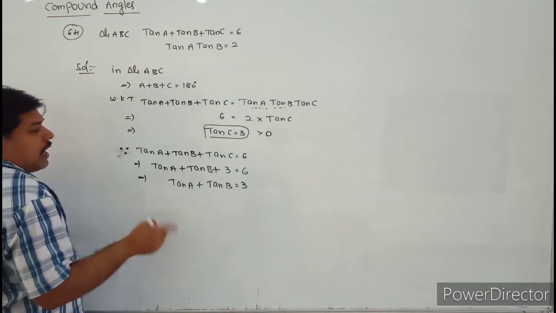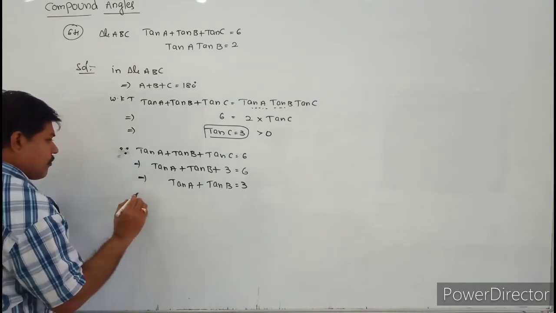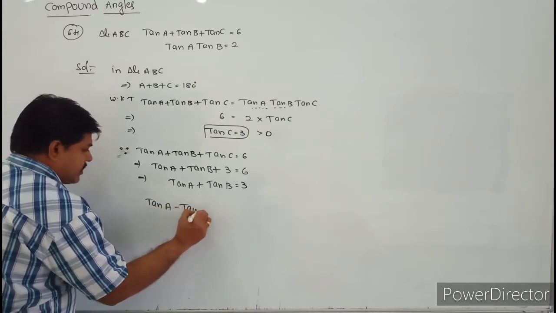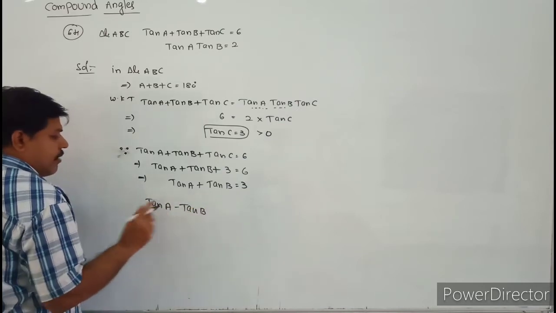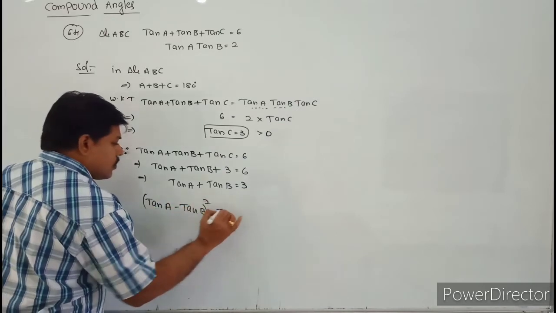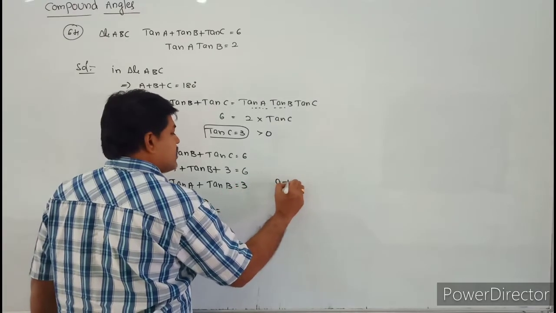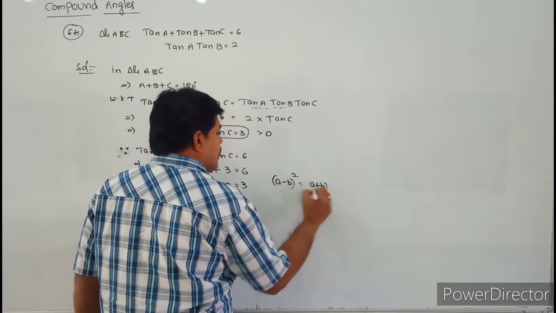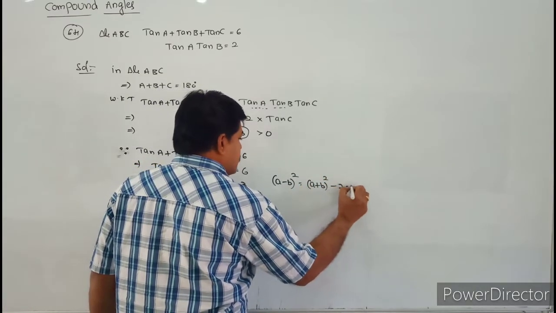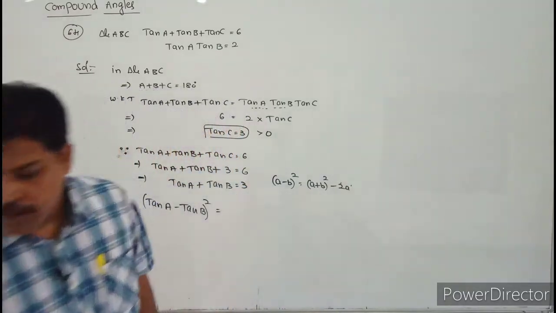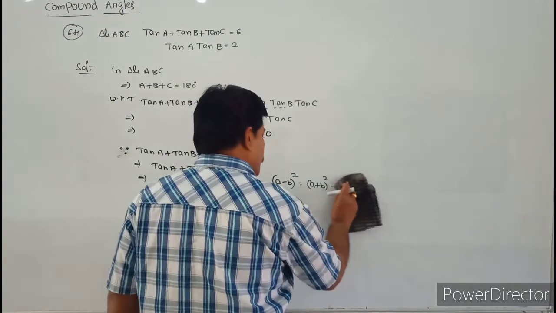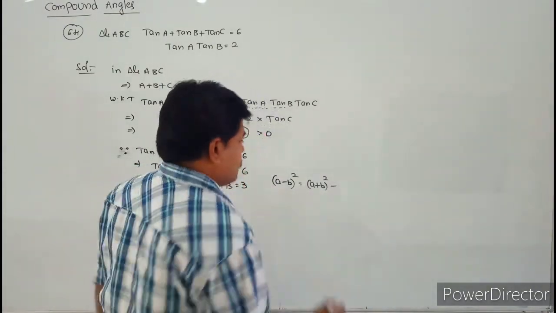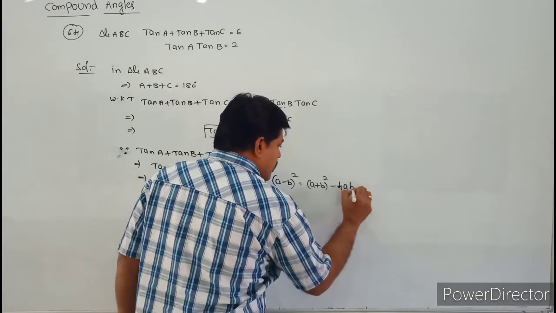So I am going to consider tan A minus tan B whole square. The formula for A minus B whole square is A plus B whole square minus 4AB.